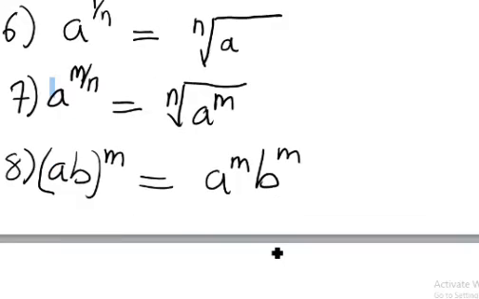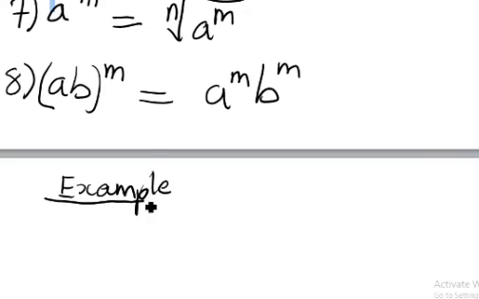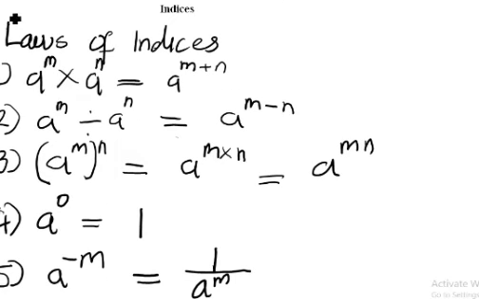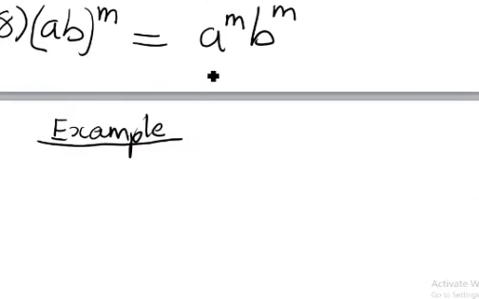Now we still have time, so let's try to solve some examples. From the first law, a raised to power m multiplying a raised to power n is equal to a raised to power m plus n.